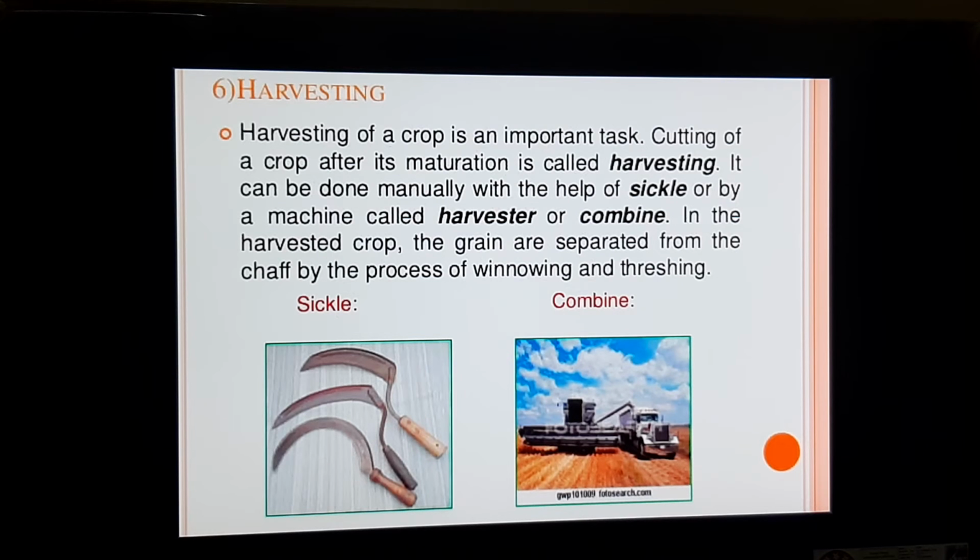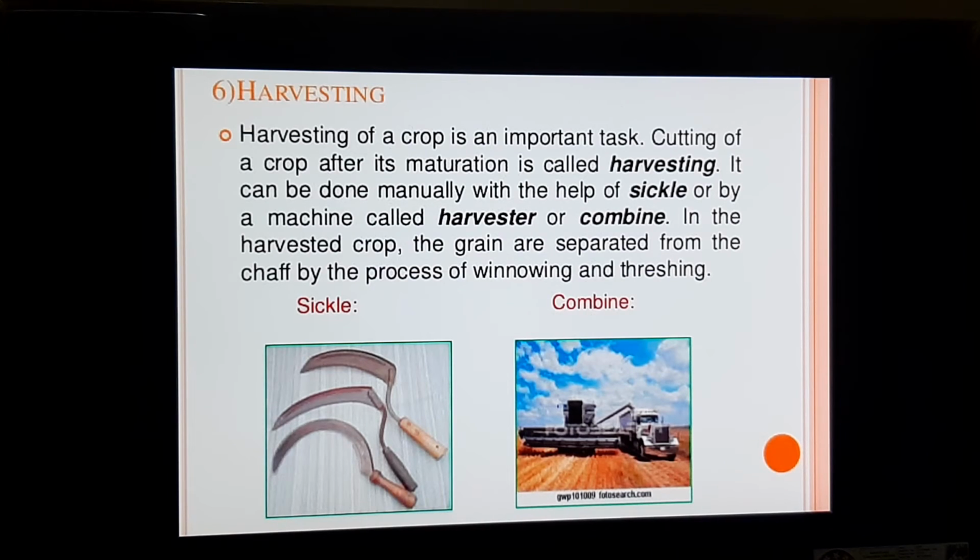In the harvested crop, the grains are separated from the chaff by the process of winnowing and threshing. You learnt winnowing and threshing in class 6th.